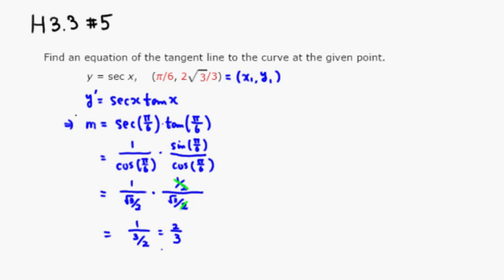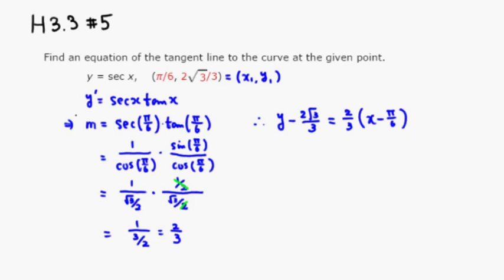Therefore the equation is y minus y1, which is 2 square root of 3 over 3, is equal to the slope, 2/3, times the quantity x minus pi over 6.